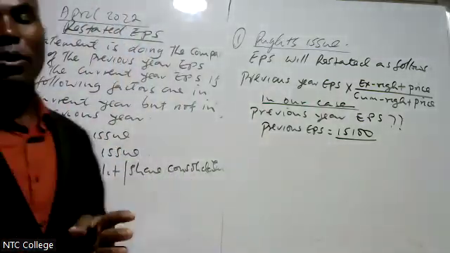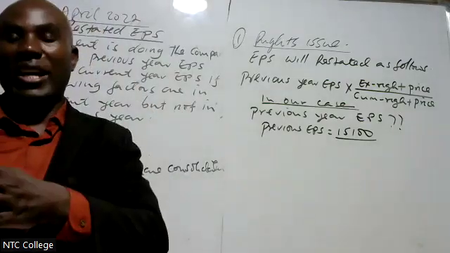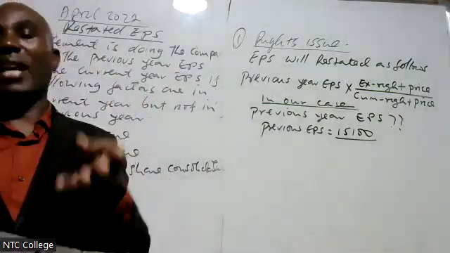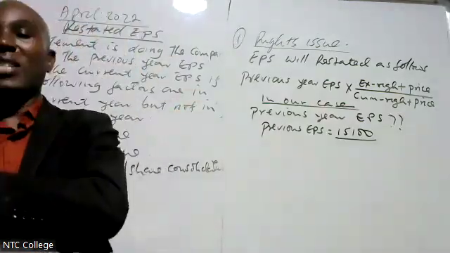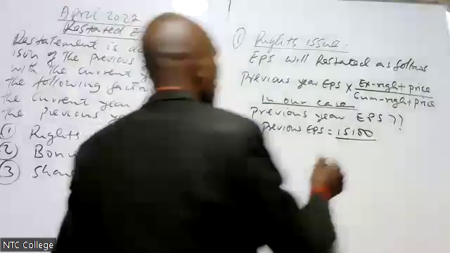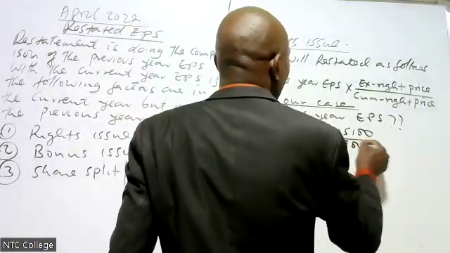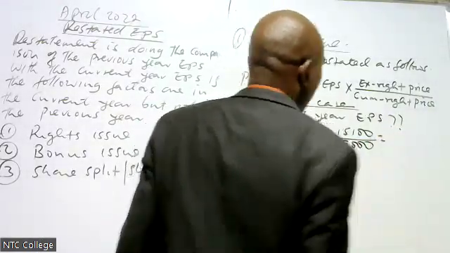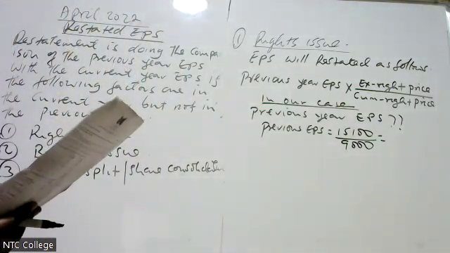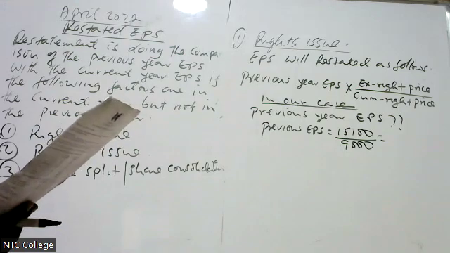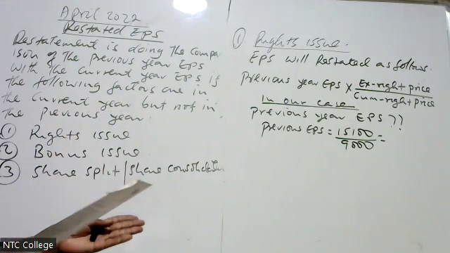My previous year shares was the opening shares, which was 9,000, because our existing shares opening was the previous year shares. When we started the year on 1st October, we had 9 million.